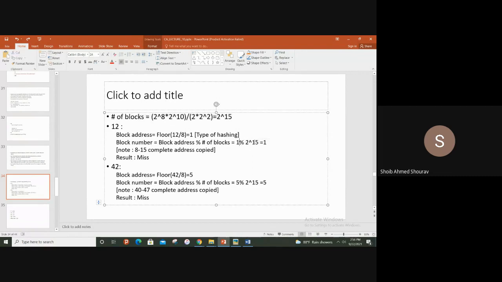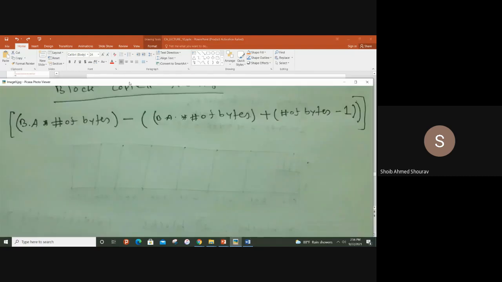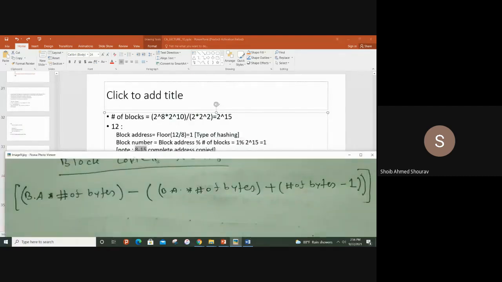So 1 mod 2 to the power 15 is 1. Now we have to find out how many bytes will be copied for this missing 12, because 12 is a miss. Initially 12 is not in the cache, so 12 will be missed. But for 12, which bytes will be copied from memory? 8 to 15. How? Using this formula. Let me show you how.